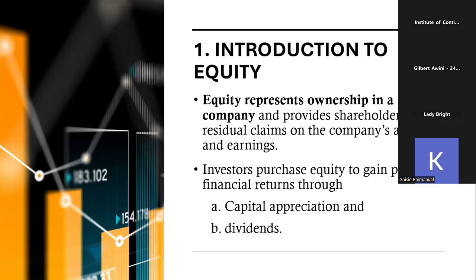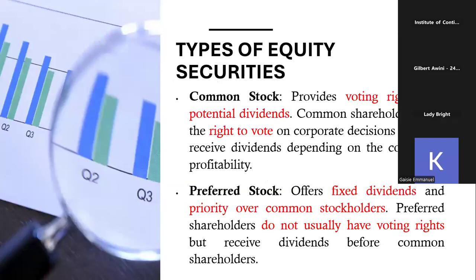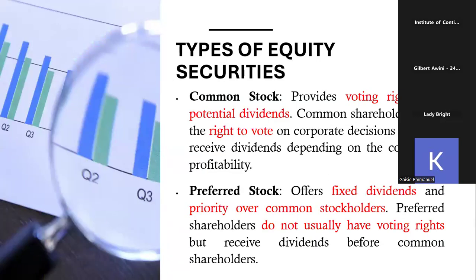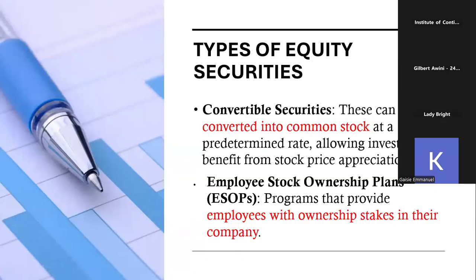We have preferred and common shares, and they are all in the theory, which I think are below your pedigree for now. So we are not going to spend too much time on that. You have common shares, preferred shares, convertible securities, and employee stock, where some companies allow employees to own part of the company. If you own part of the company, your money is there, so you treat it well.